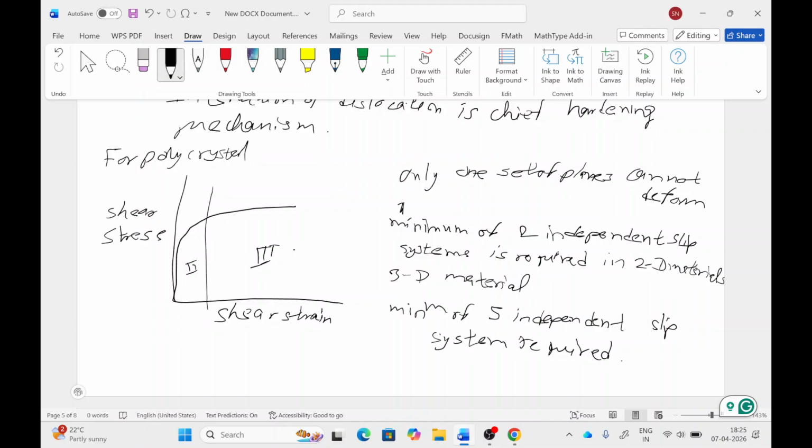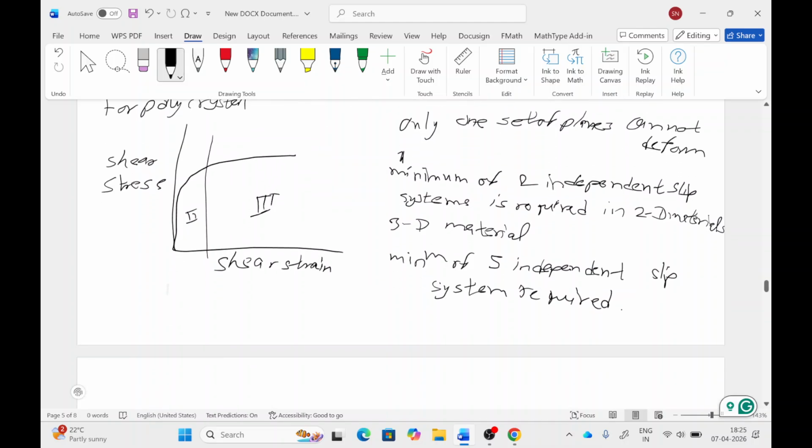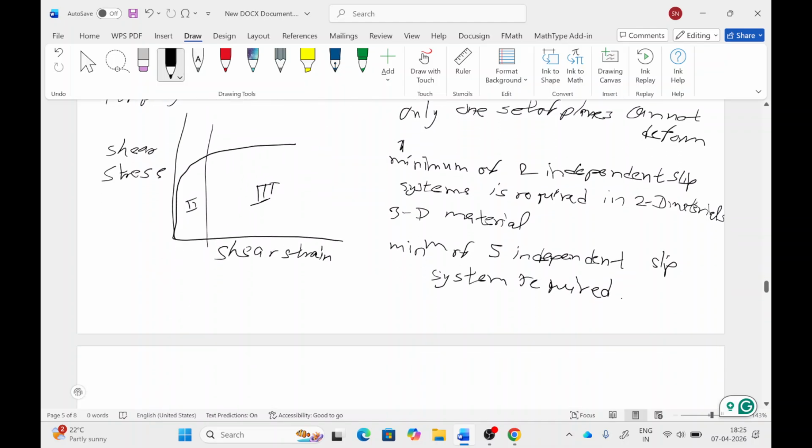Because more than one slip system is activated at a time, and deformation is happening in all slip systems, the dislocation density will increase very fast.